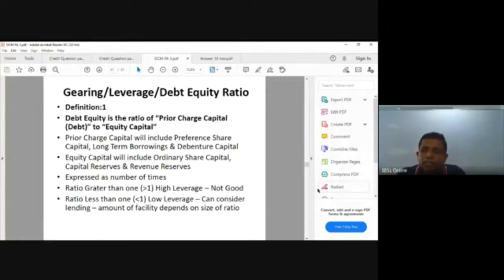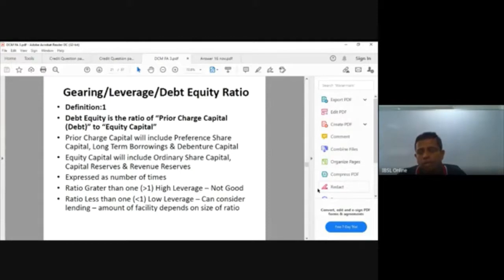For example, say our equity portion is 40%. Debt capital is 60% of the total capital, right? Those companies are called high geared company or high levered company.